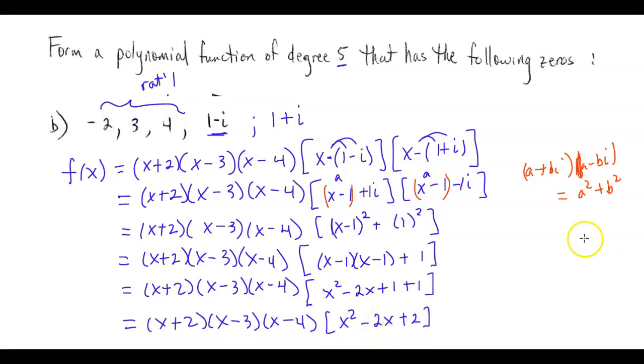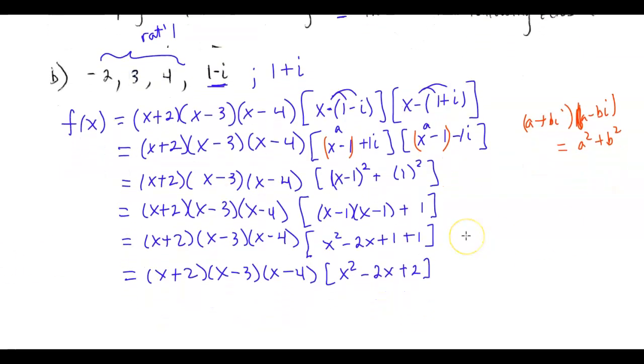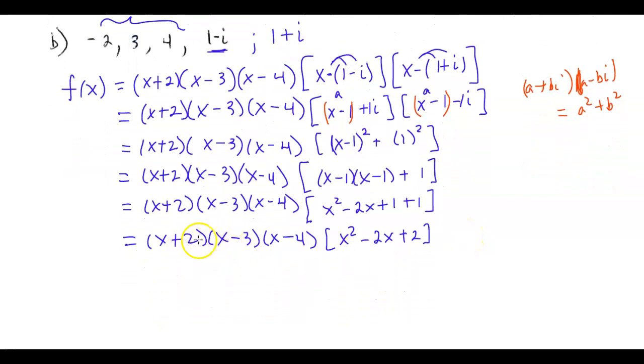Now from here, I'm going to go ahead and multiply these 3 factors in front, and then I'm going to multiply the cubic expression that we'll get here times the quadratic at the very end.